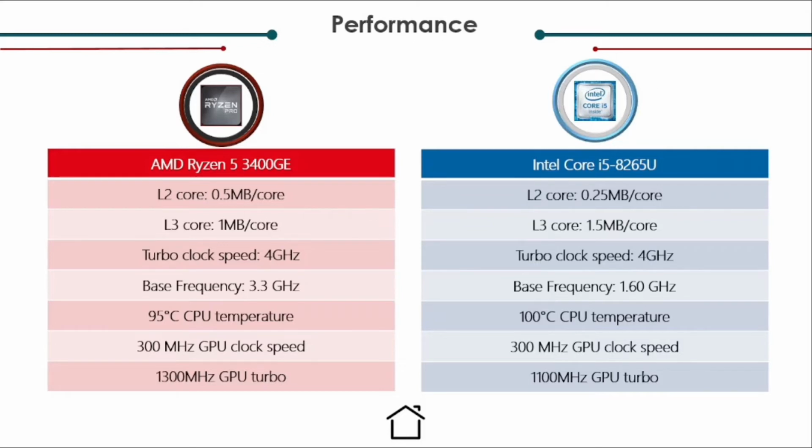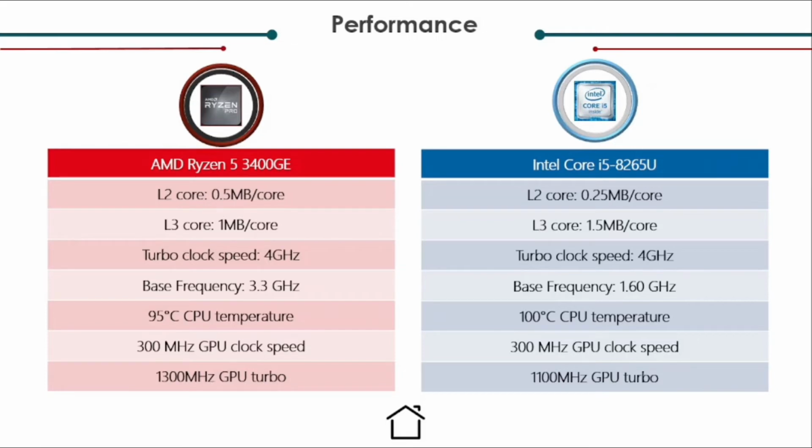With a turbo speed of 4 GHz, the AMD Ryzen 5 3400GE is the same as the Intel Core i5-8265U turbo clock speed, which is also 4 GHz. The base frequency for the AMD Ryzen 5 3400GE is 3.3 GHz, while on the Intel Core i5 is 1.6 GHz.